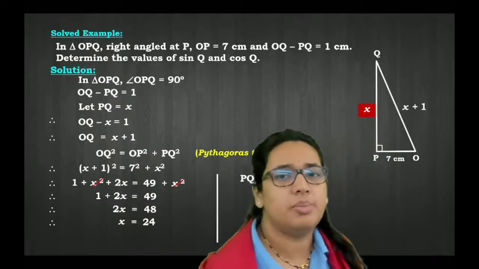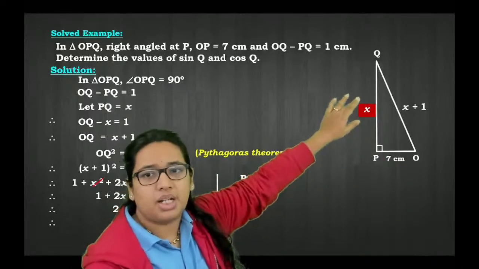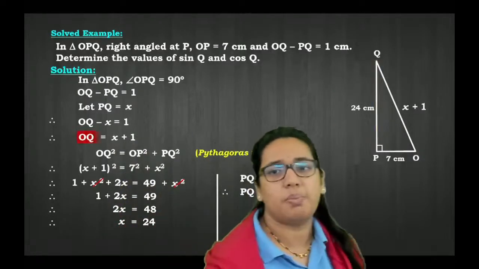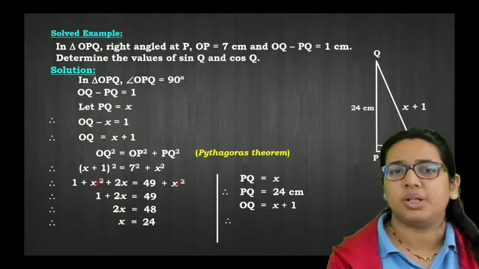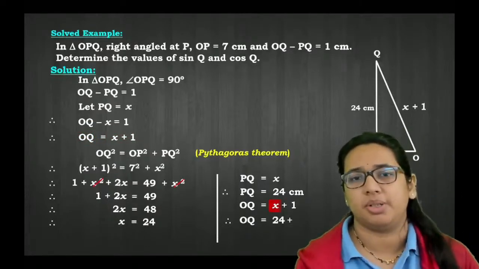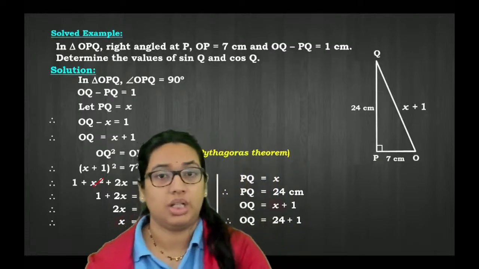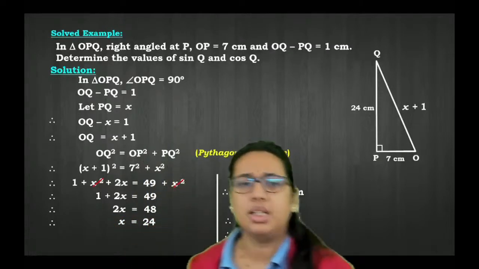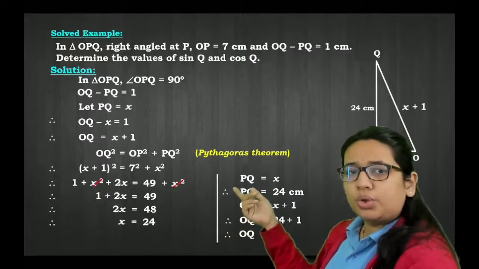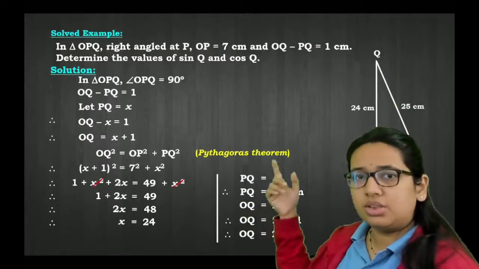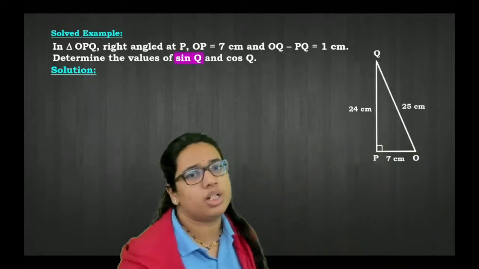Hence value of x will be 24. अगर x आपका रहेगा 24, then OQ आपको consider करना होगा 24 plus 1, which is nothing but 25 centimeter. ओके, सो ये वाला पार्ट आप इजीली कर पाओगे. OQ will be 25 here.